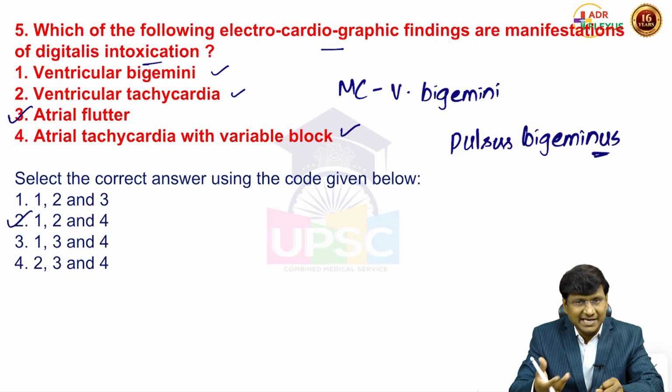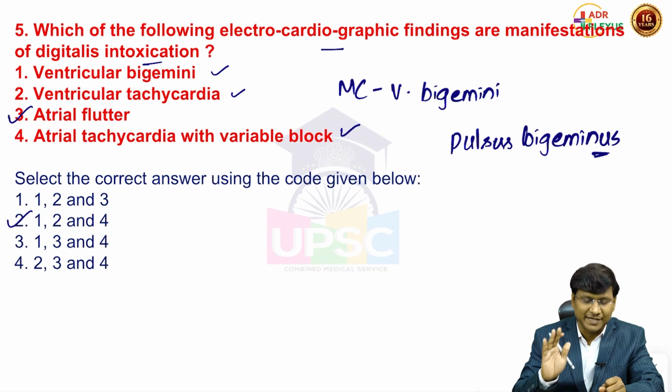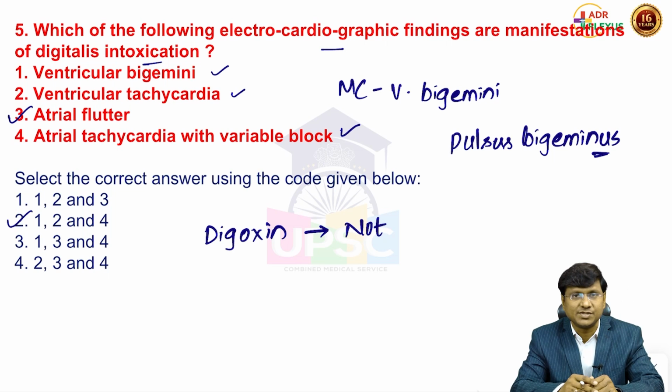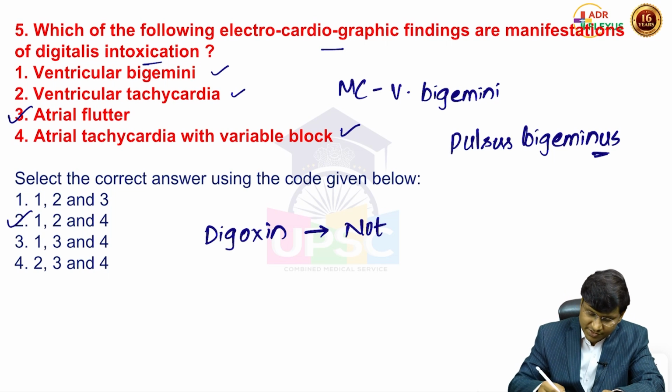Now, let me discuss in detail the digoxin-induced arrhythmias. But before that, let me explain that digoxin toxicity is not associated with certain arrhythmias. What are those arrhythmias which are not associated with digoxin toxicity?